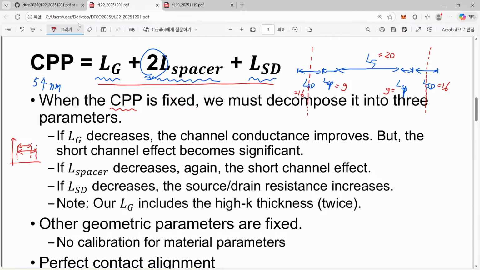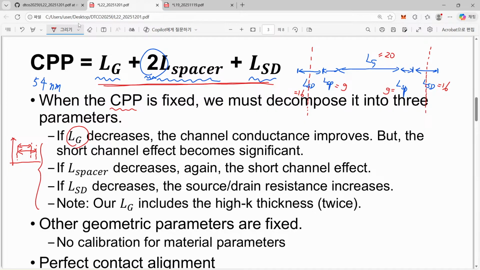Yes, and now you understand we can make it in this way, but there are pros and cons of scaling each parameter. For example, let's say that we have scaled gate length, so LG decreases.